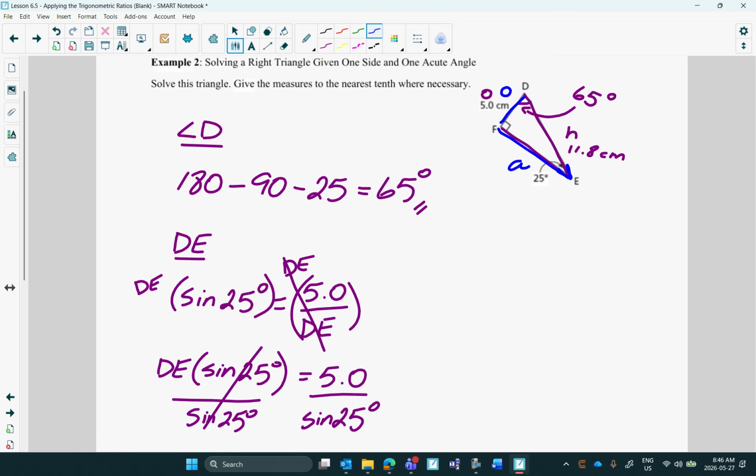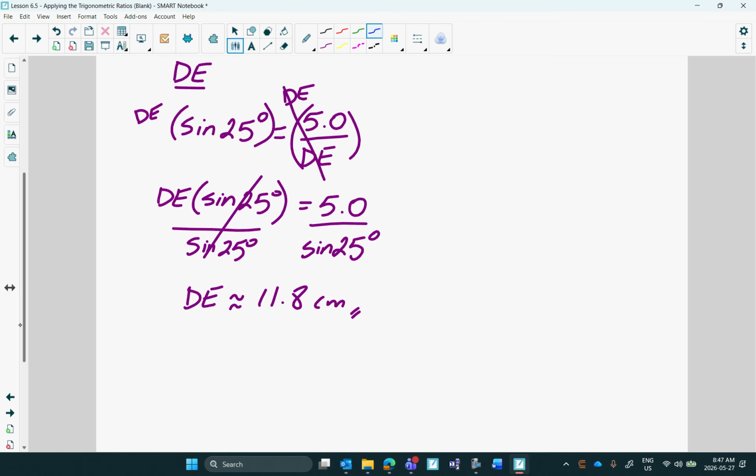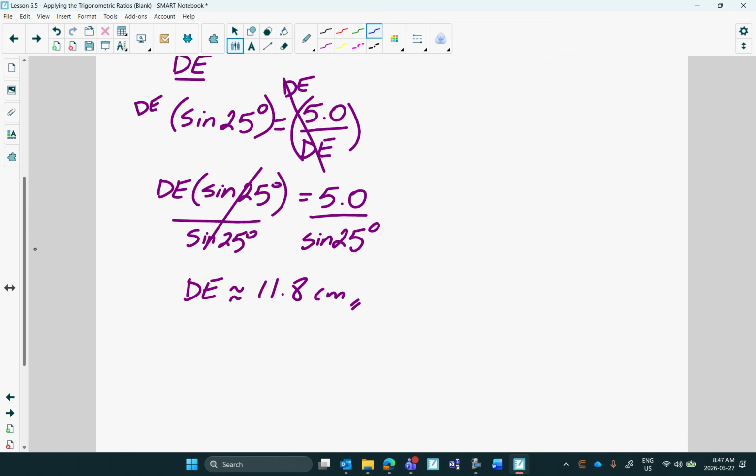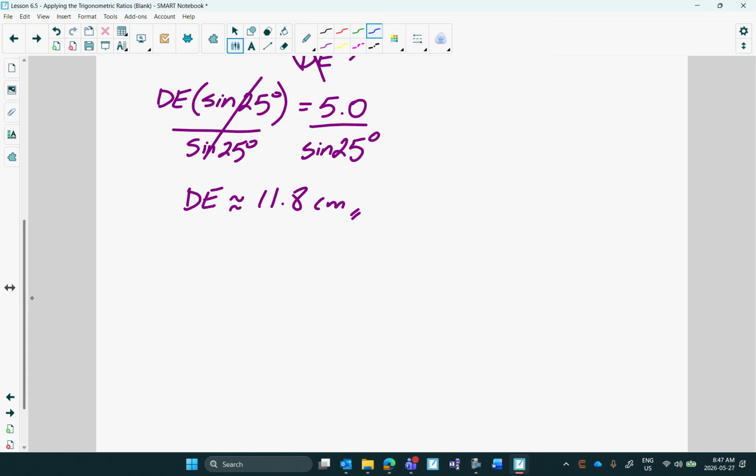So the tan of 25 degrees equals 5.0 over FE. And I have to do the same kind of algebra that I did with DE, two steps.